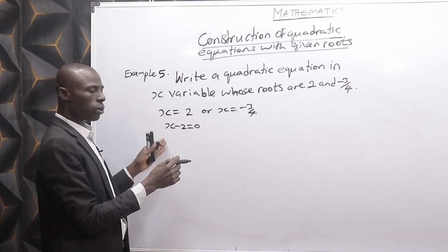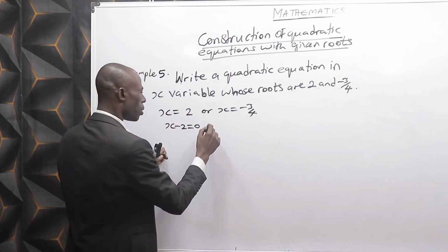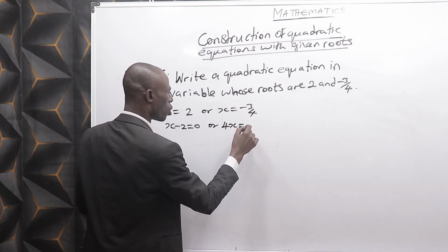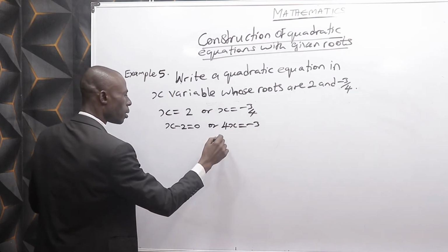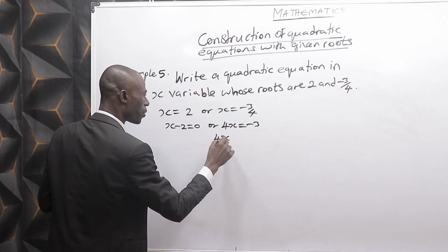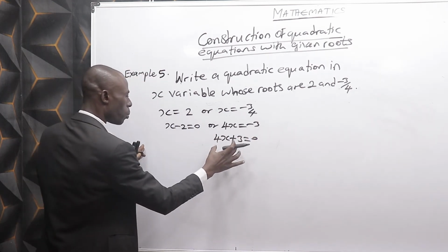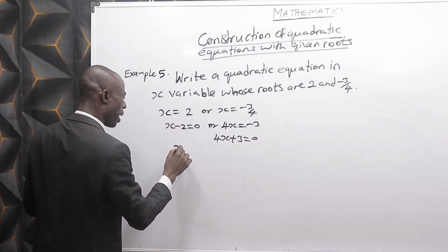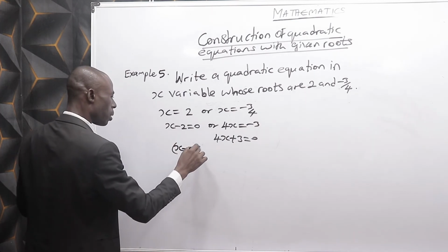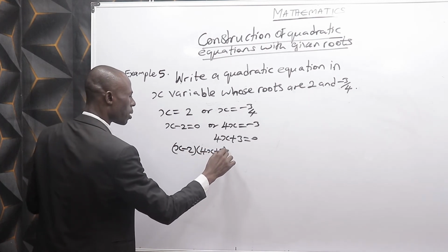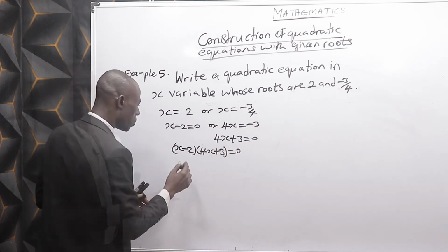So bring this to this side. Do the same thing here. Cross multiply here to have 4x equals minus 3. 4x plus 3 equals 0. Multiply the two of them, x minus 2 into 4x plus 3 equals 0.